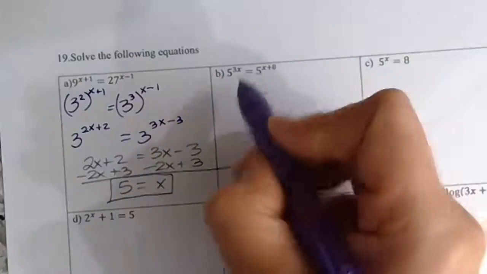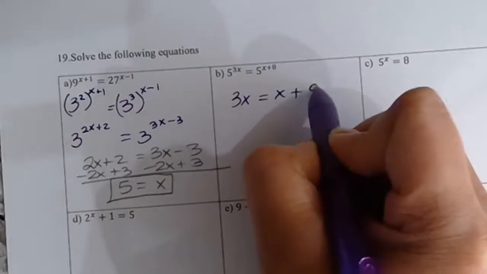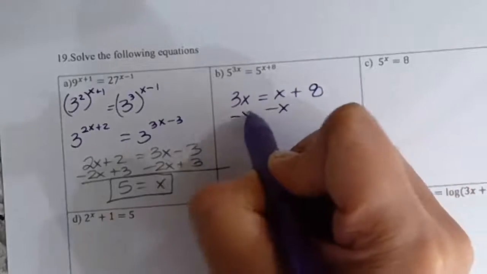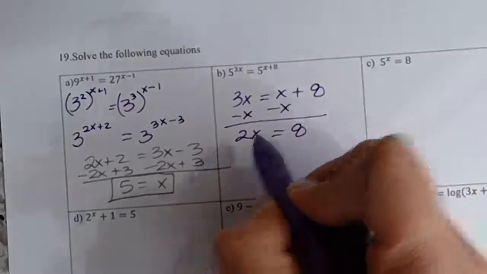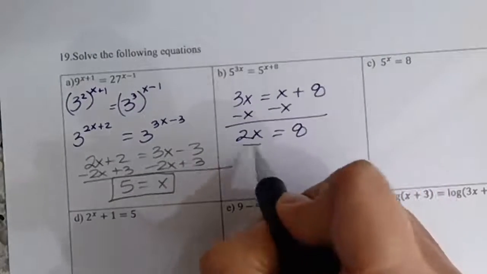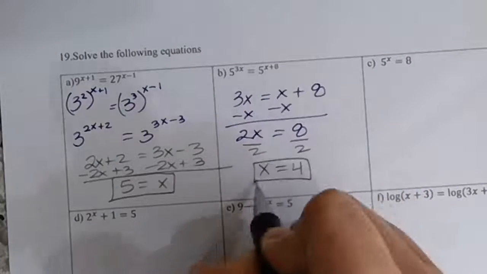That's nice because you have the same base. So then you know that 3x is equal to x plus 8. Do your math and solve. The math is easy. It's knowing what to do and the first steps to setting it up that is a little bit tricky.